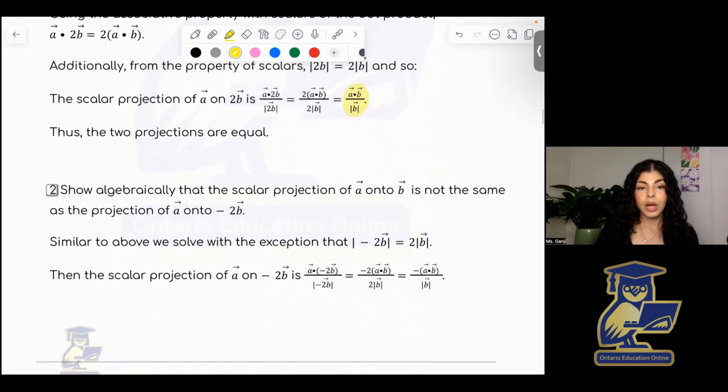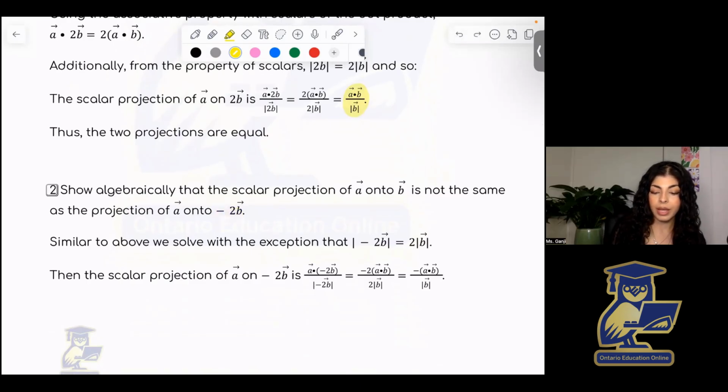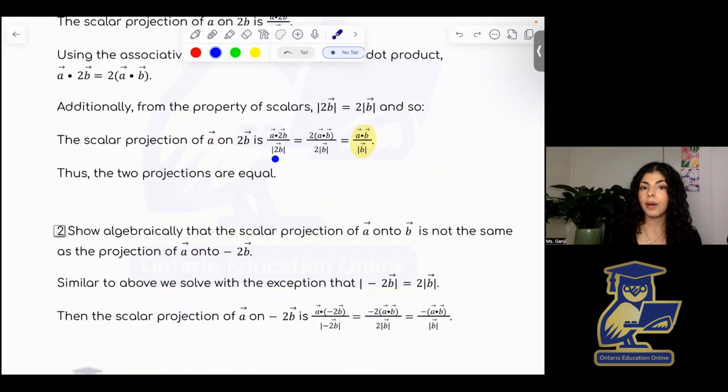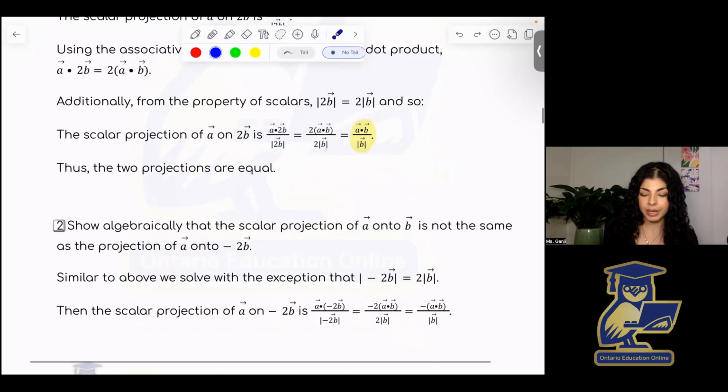Now, we also are asked to show algebraically that the projection of A onto B is not the same as the projection of A onto negative 2B. So this is now different because we have a negative here. So keep in mind here we used a property with 2 where we factored it out of this absolute value here.